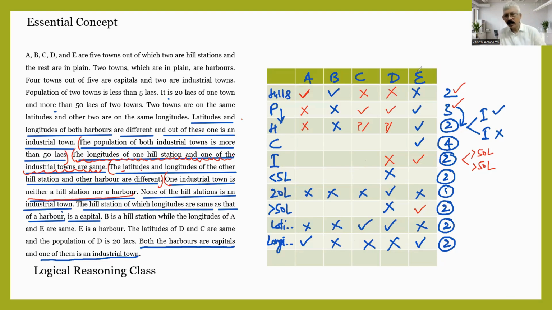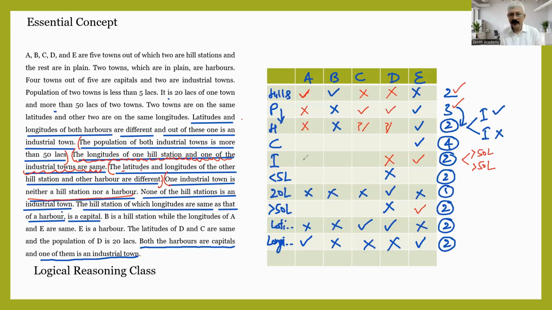So this E is an industrial town. Let's see, it is a harbor. And here the condition is one industrial town is neither hill nor a harbor. E is industrial which is a harbor. It means this condition is not satisfied with the E city because E is a harbor. So neither hill nor a harbor. So okay.